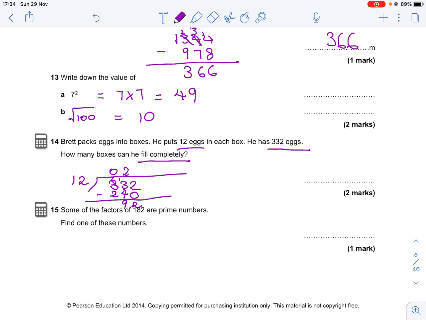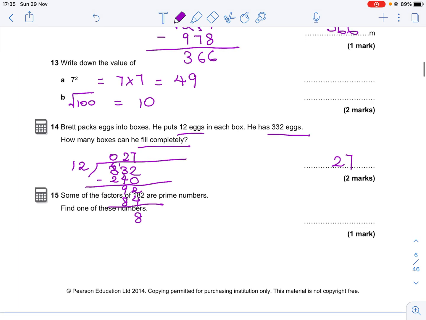How many 12 go into 92? We have 7. So 12 multiplied by 7. 2 times 7 is 14. 1 times 7 is 7 plus 1 is 8. So we have a remainder of 8. So we can only fill 27 boxes completely, and we have 8 remaining.